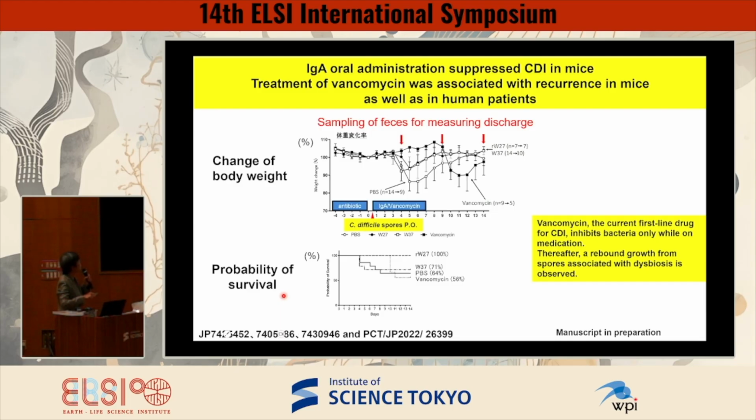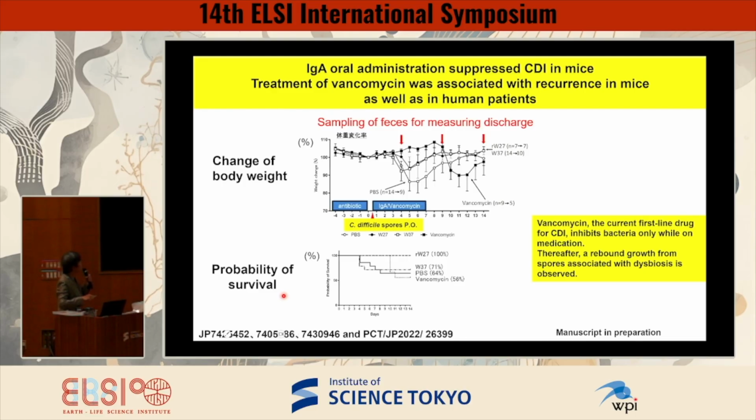In the no treatment group, mice died from 14 to 9. But with the IgA treatment, especially W27, no mice died. Interestingly, the vancomycin treated group did not show any body weight change or diarrhea.